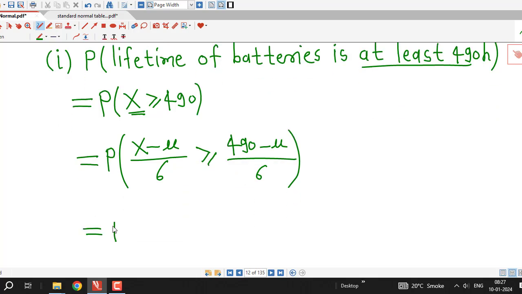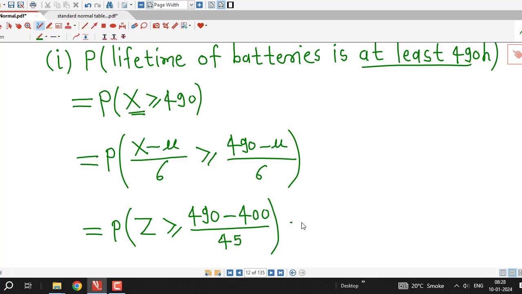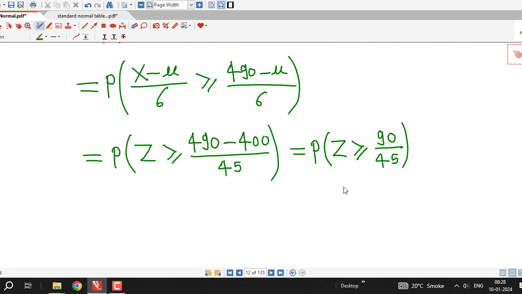Now this X minus mu over sigma is nothing but capital Z, and here we put the values of the mean, which is 400, and standard deviation, which is 45, and this turns out to be the probability that Z is greater than or equal to 490 minus 400, that is 90, divided by 45, and that is nothing but the probability that Z is greater than or equal to 2.